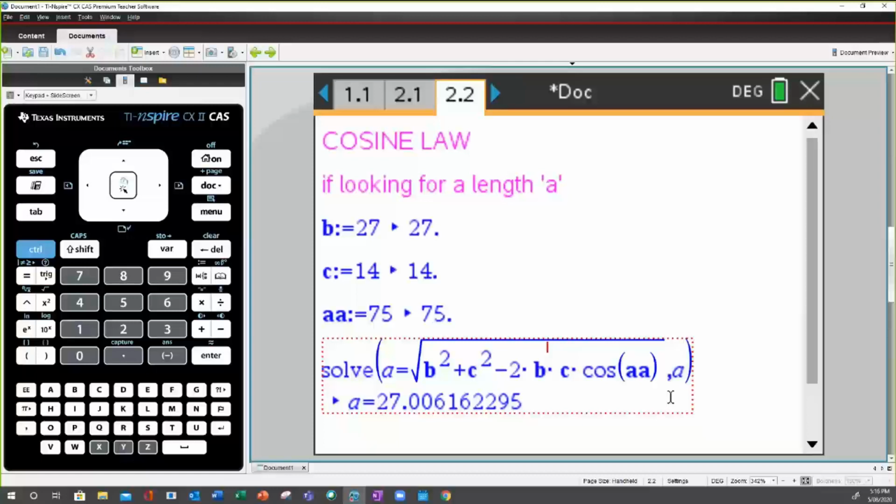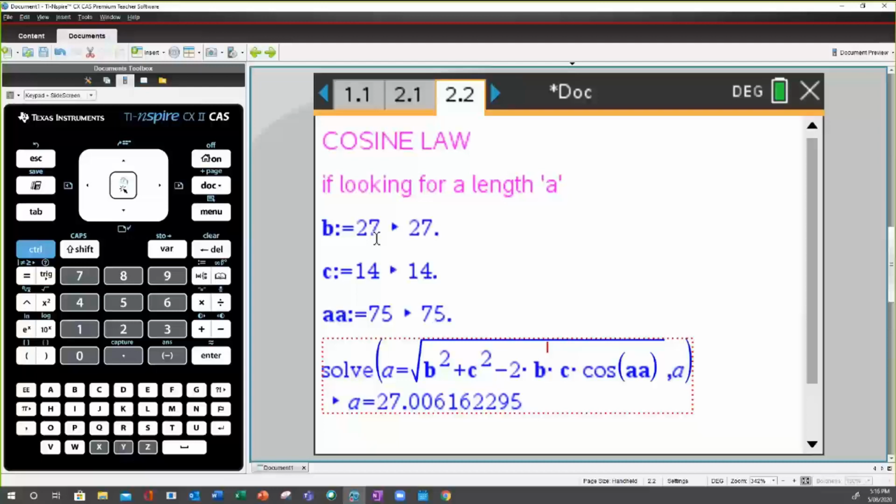So for angles, I've simply put in double A. Or you can think of it as angle of A. It doesn't matter, because what the CAS is reading that as is a separate variable called AA.